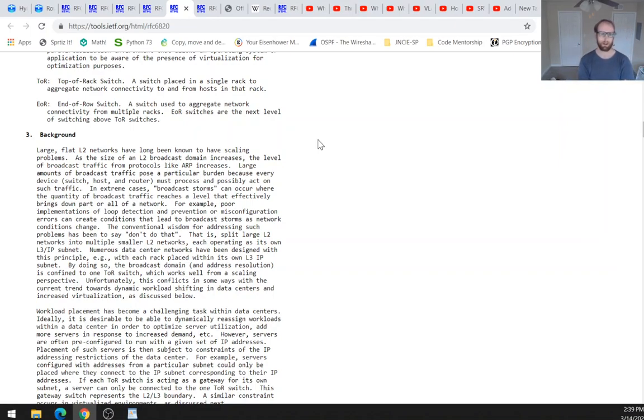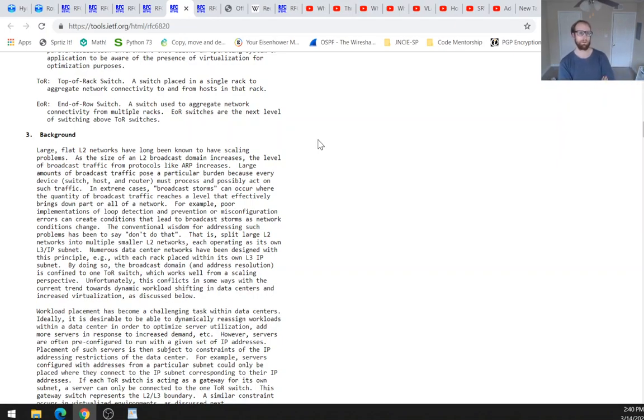Large amounts of broadcast traffic pose a particular burden because every device, switch, host, and router must process and possibly act on such traffic. In extreme cases, broadcast storms can occur where the quantity of broadcast traffic reaches a level that effectively brings down part or all of a network.